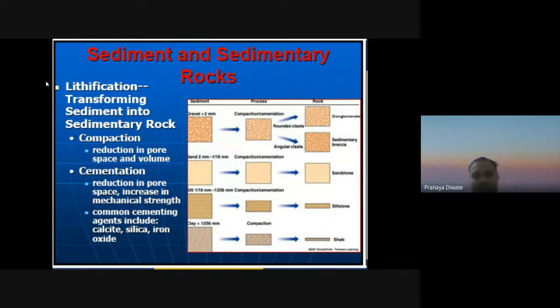So when anyone asks you what is lithification, it involves the concepts of compaction, cementation, and transportation. All of these are covered by the lithification processes.